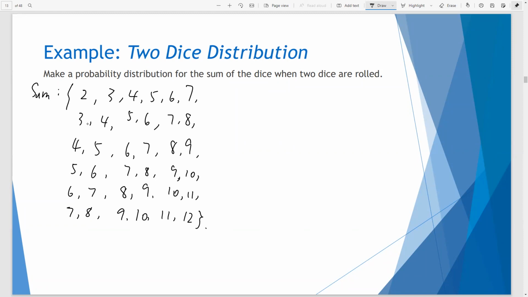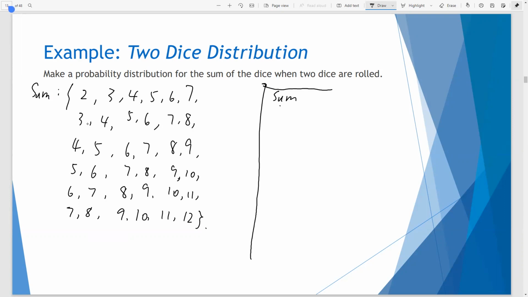Right, so we have that. And the likelihood, right here, we have the sums 2, 3, 4, 5, 6, 7, 8, 9, 10, 11, and 12. So we could make a table. This time will be longer, right?